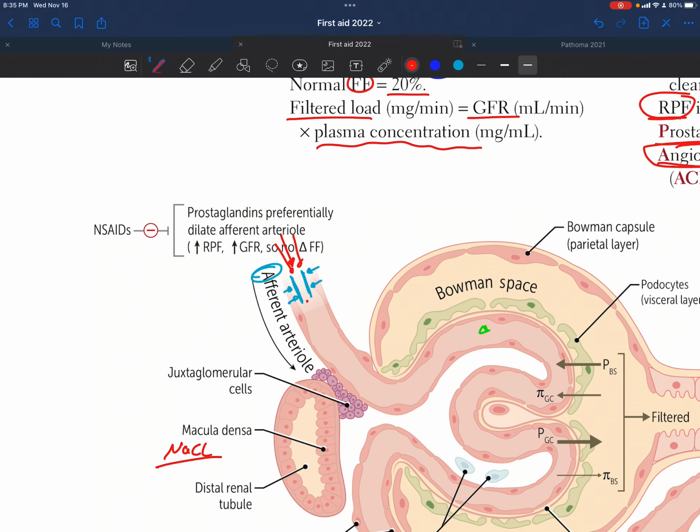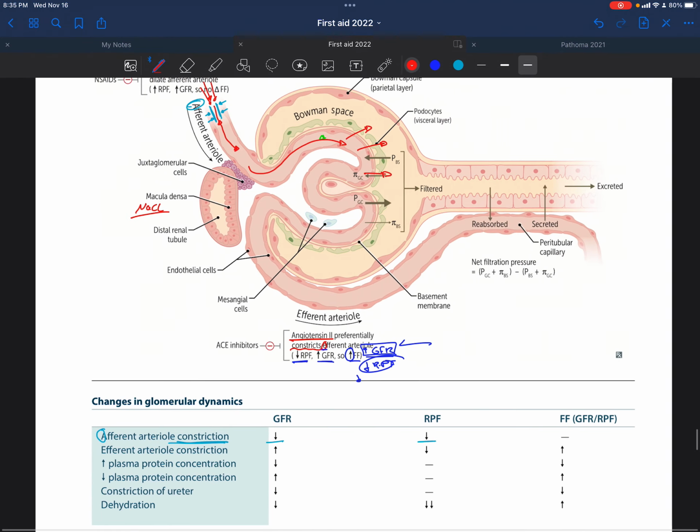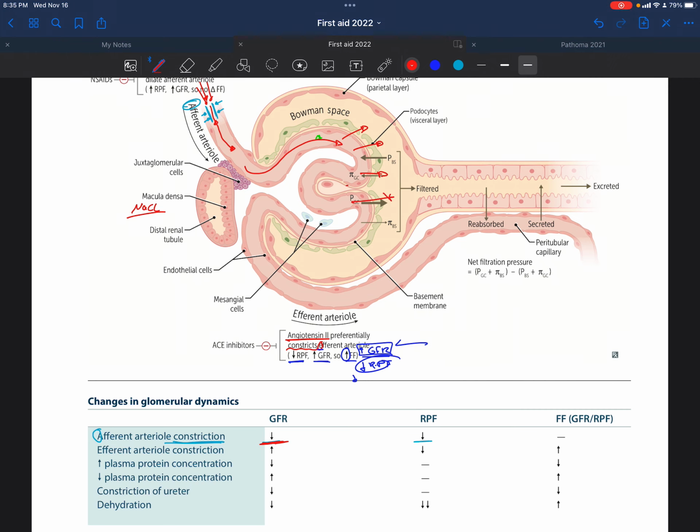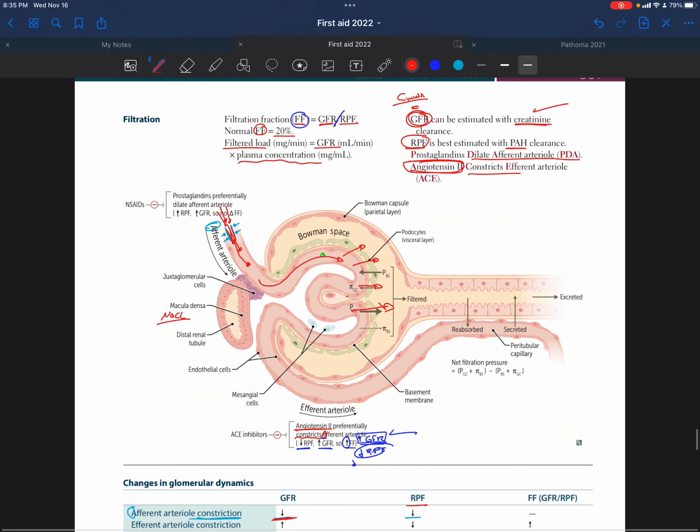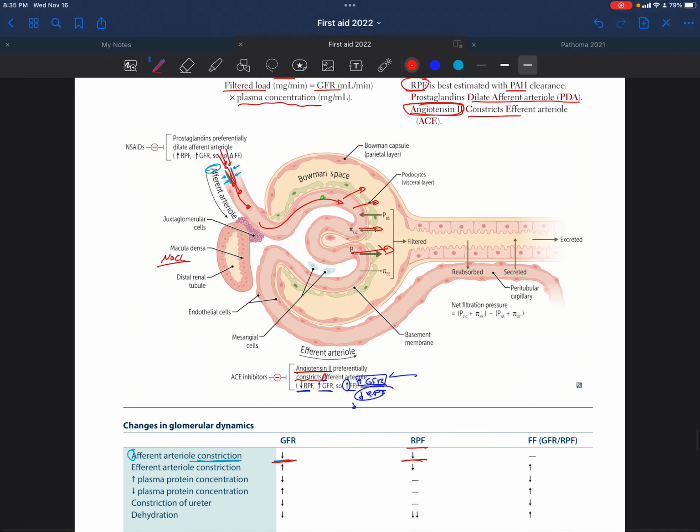So now we only have less blood going into the glomerulus, which means less blood being filtered, because it's hard for the blood to go inside this vessel. So the GFR is decreased because there is less blood being filtered, and the renal plasma flow, of course, is also less because the blood vessel is constricted.